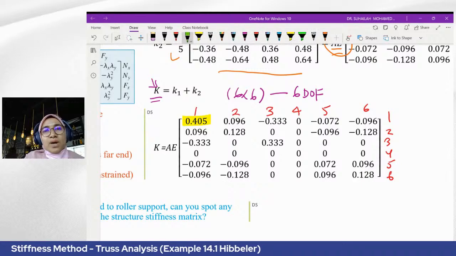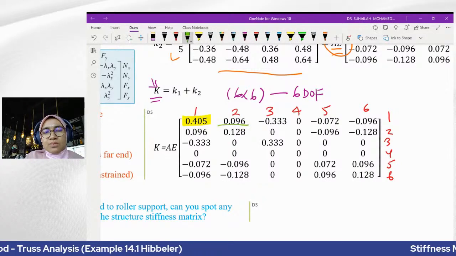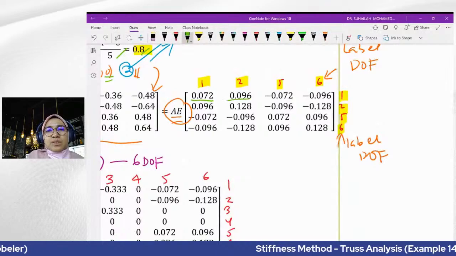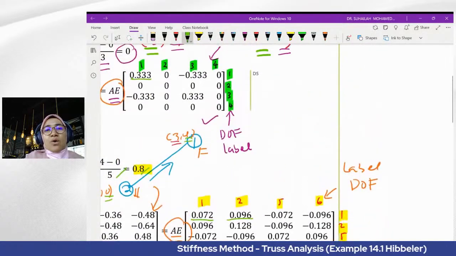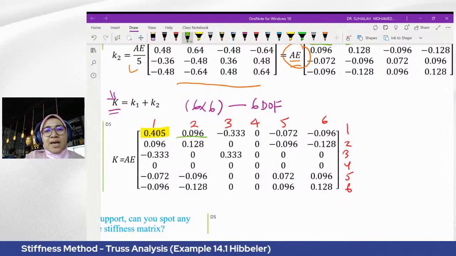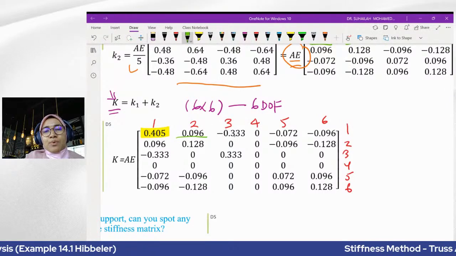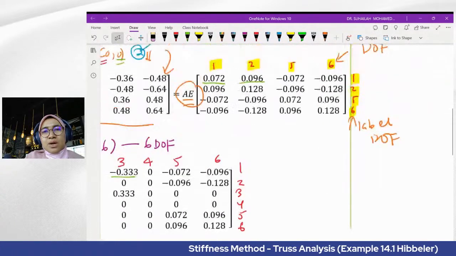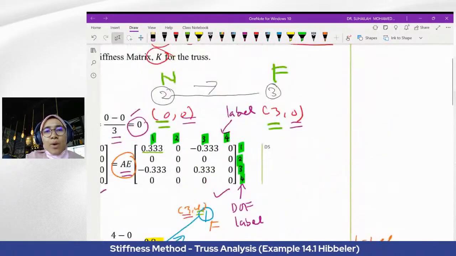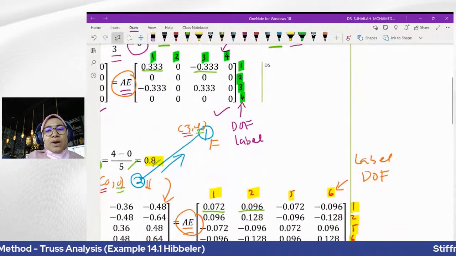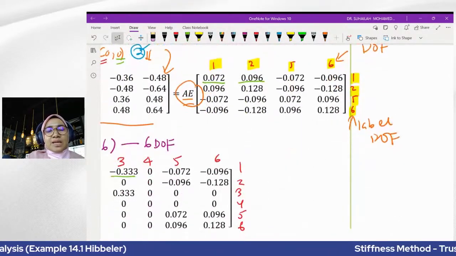For position 1, 2, we get from K1 only 0.096. The next value is at position 1, 3, which is negative 0.322, because we get it from K1, so that's why we get 0.333.